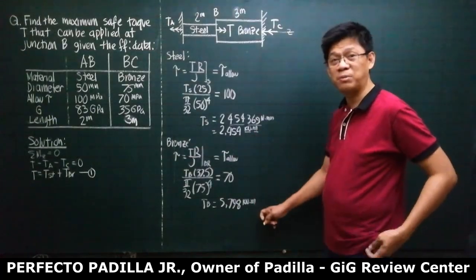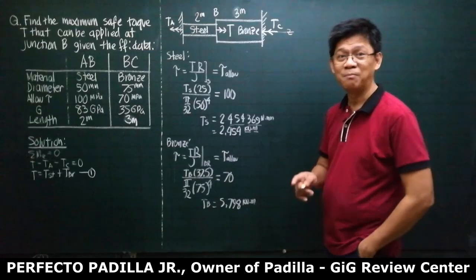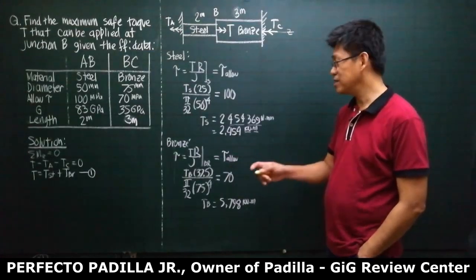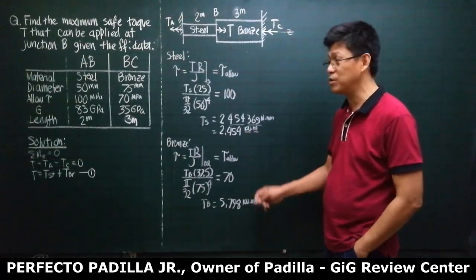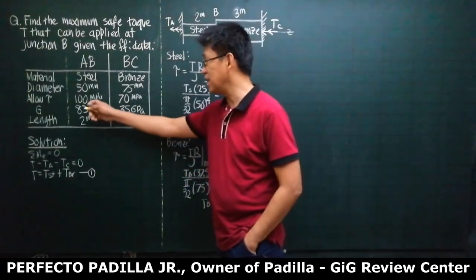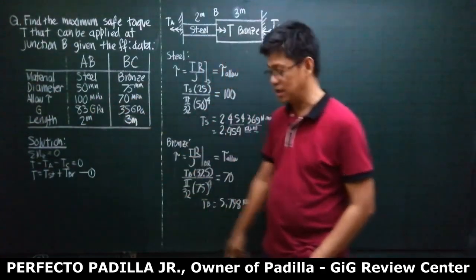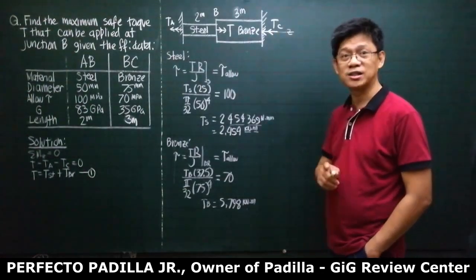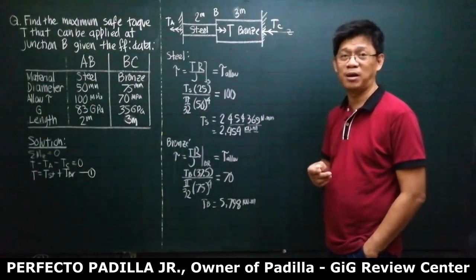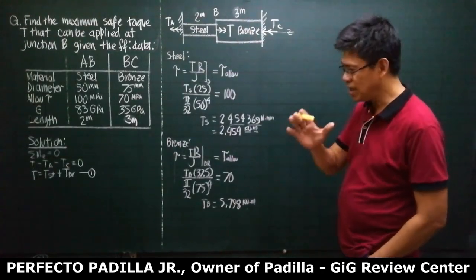One of them will be reached this time, but the other will not be maximized. Why? Because both are reached at the same time, bringing steel and bronze to their allowable shearing stress, only when the length of bronze is 1.807 meters, as in our previous problem. But this time, it is 3 meters. You get it?